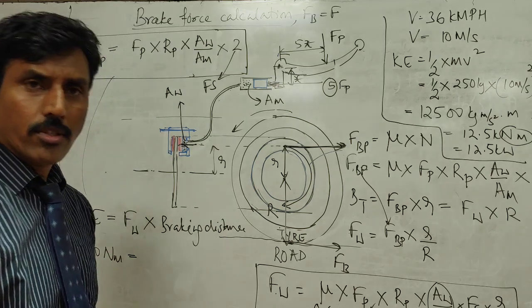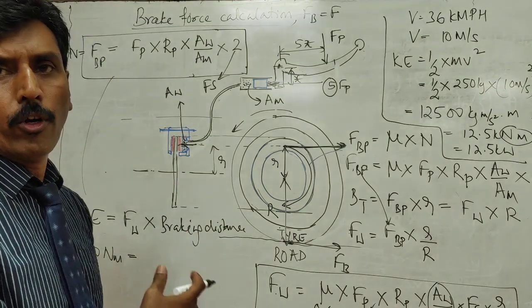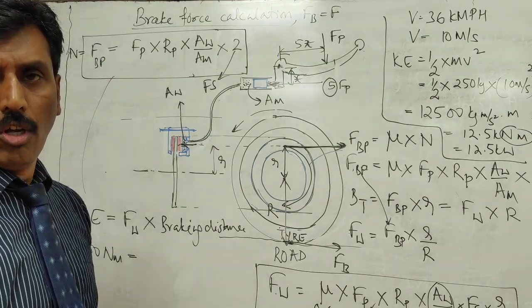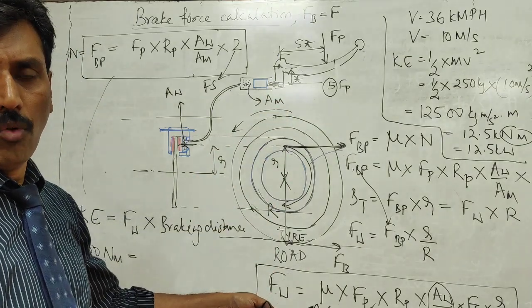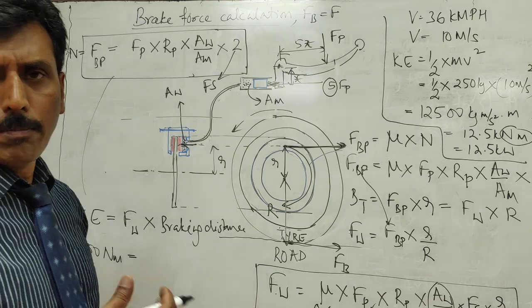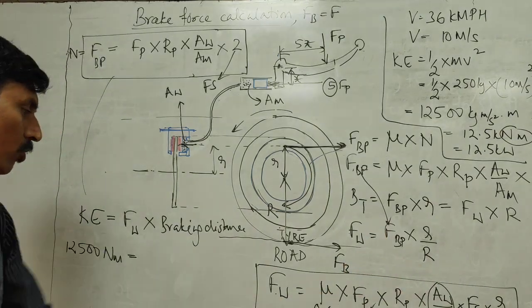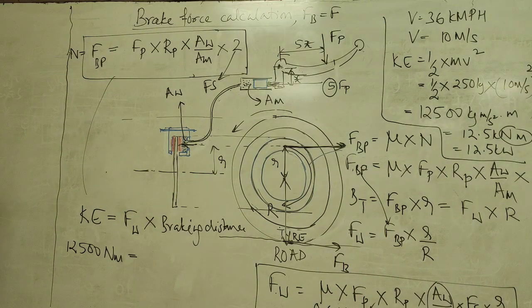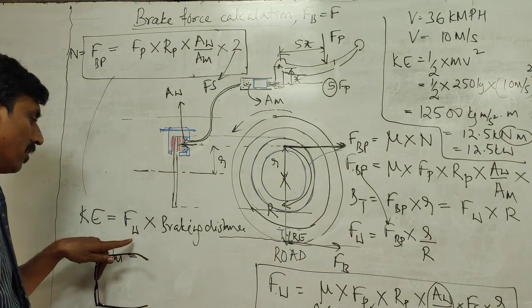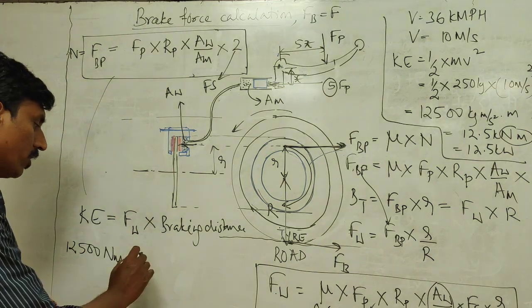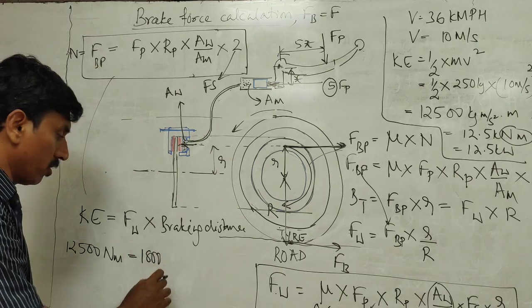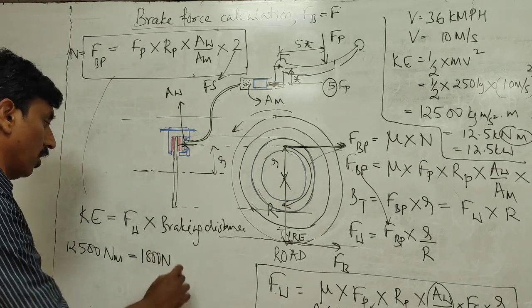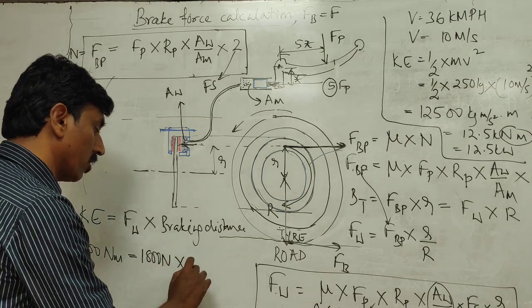Now let us see, suppose this is a bike of around 250 kgs and you are going at 36 km per hour, according to this calculation, what would be the braking distance? Now 1800 newtons is the force. So let us say that finally the braking force at the wheel is around 1800 newtons, multiplied by the braking distance.